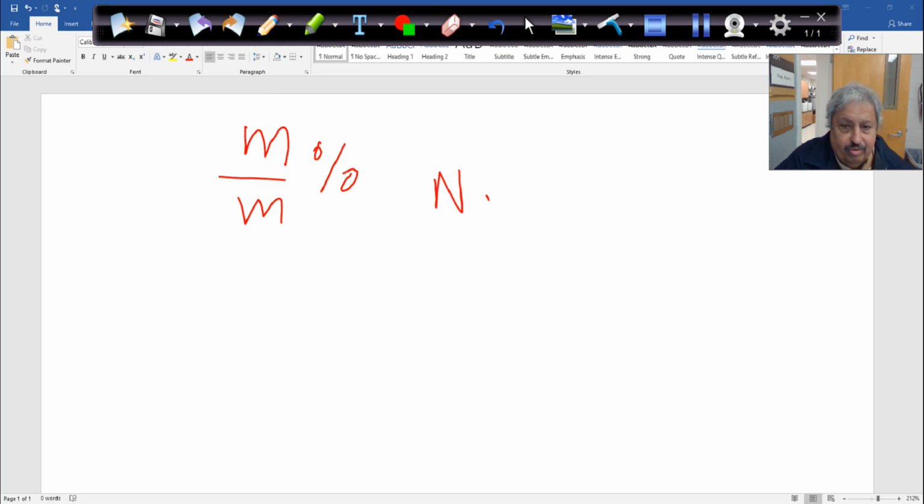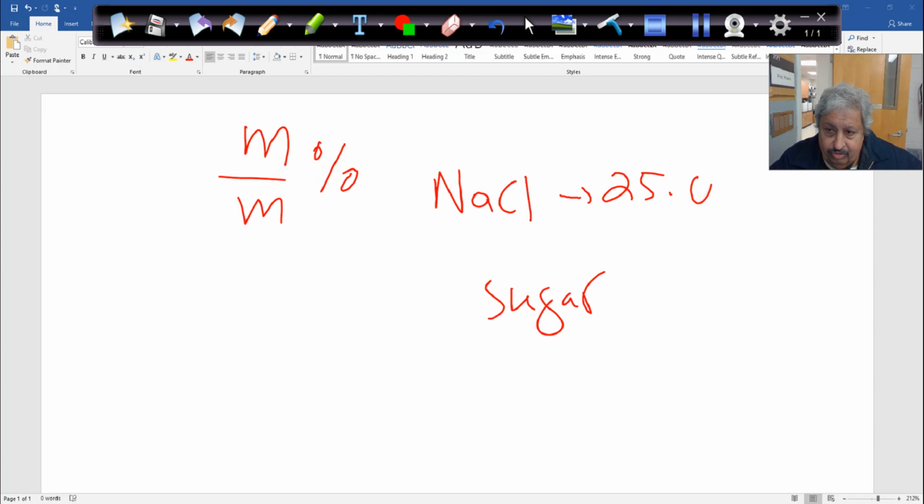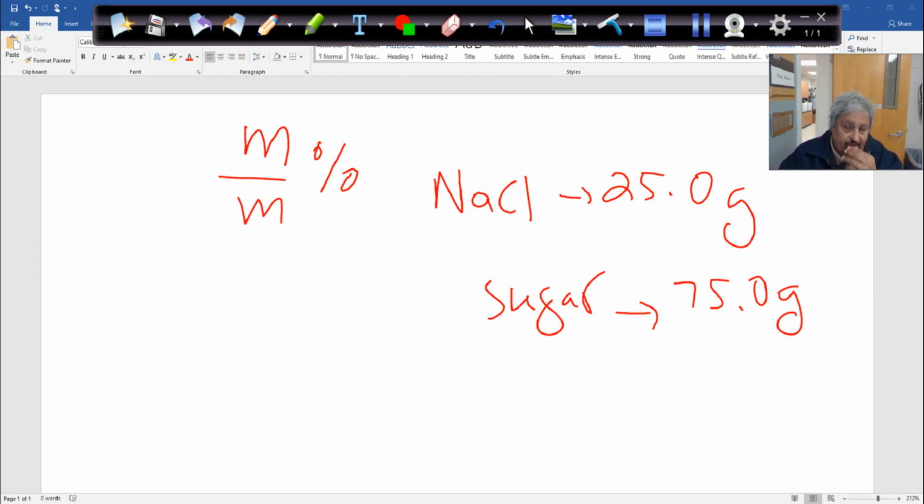I have sodium chloride mixed with sugar. So sodium chloride is 25.0 grams, and this one here is 75.0 grams. What is mass over mass percentage for this mixture?